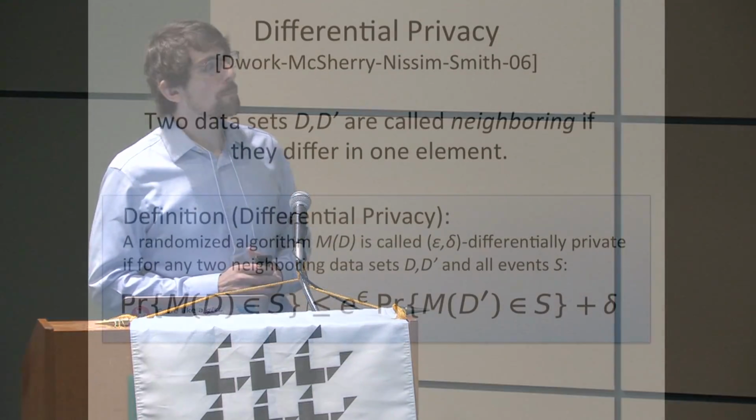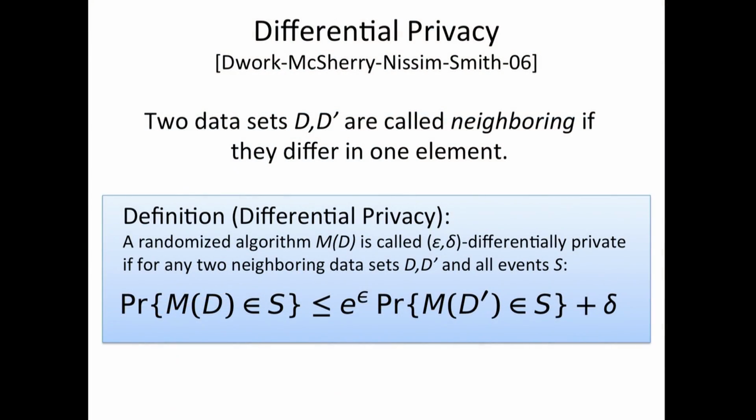So, how do we turn this into a differentially private algorithm? Just to recap, I'm sure all of you know this definition, but I want to recall it. Differential privacy says that if you have two neighboring databases, two databases that differ in only one element, then your algorithm, which must be randomized, must have almost the same behavior on these two data sets.